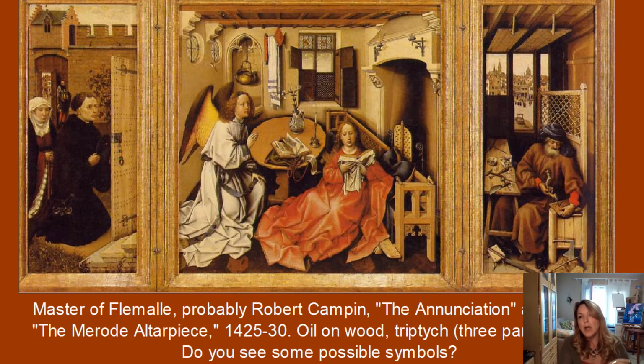They'd also done some oil painting, but not really developed it. By the time we get to Robert Campin, he's starting to really develop it, and he's using oil on wood. This is a triptych. A triptych is a three-panel artwork that's often religious.